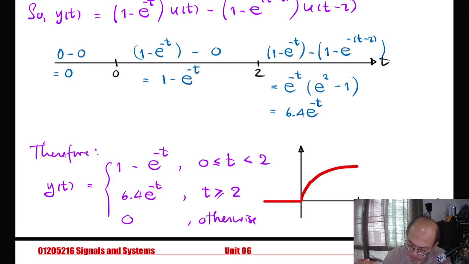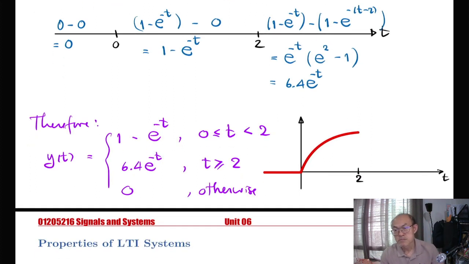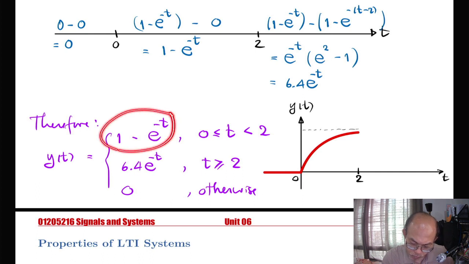Actually, it rises up quite rapidly, and the increasing rate slows down. And now at time 2, we simply plug in 1 minus e to the minus 2, and it is 0.86.